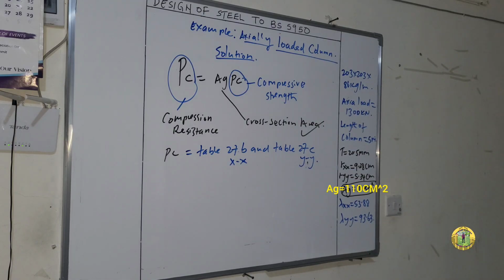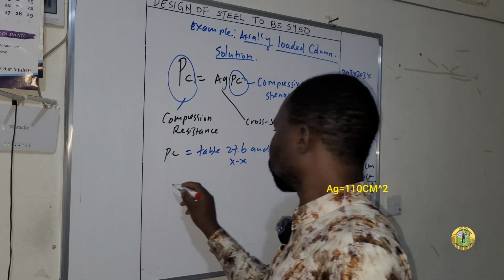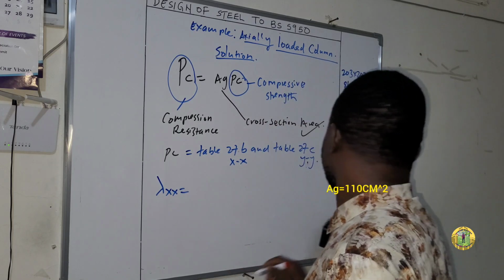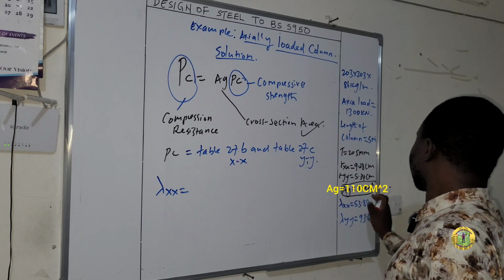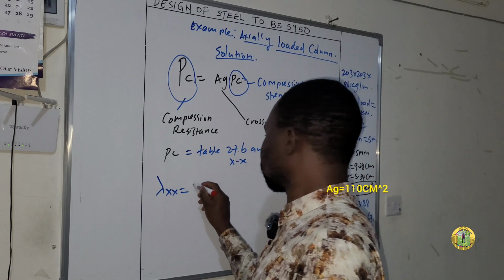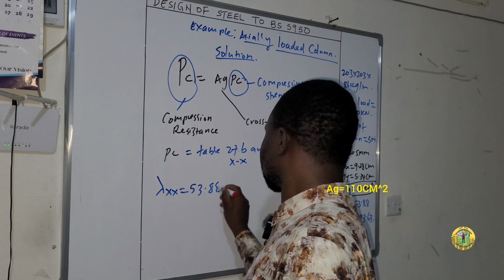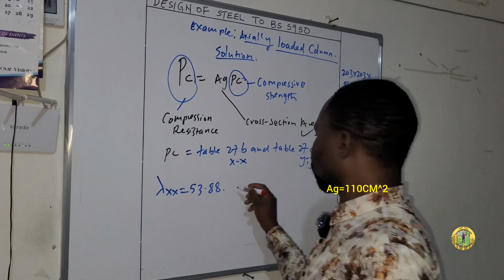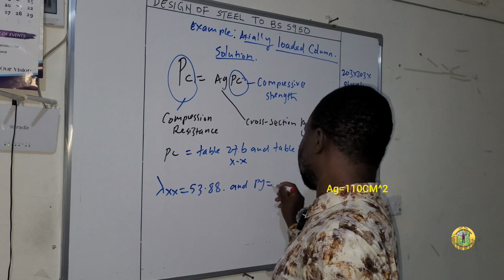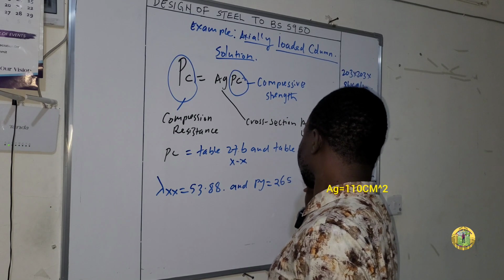To enter the table, you need the slenderness ratio for the XX axis, which is 53.88, and also the Py, which is equal to 265.